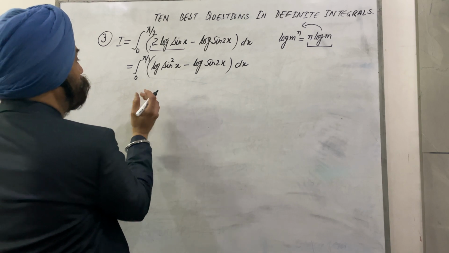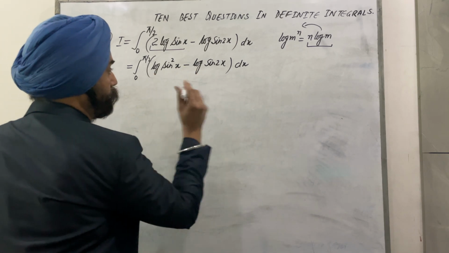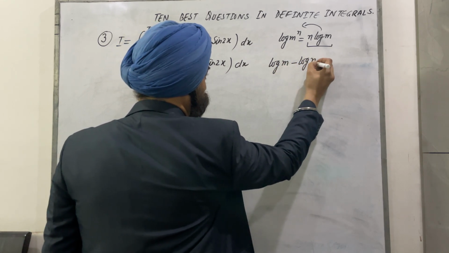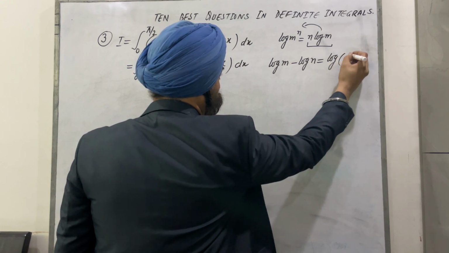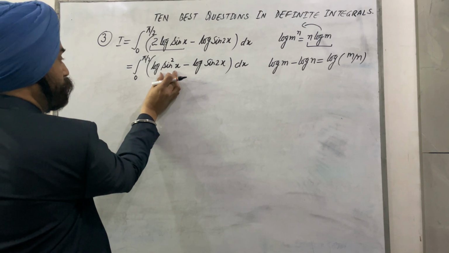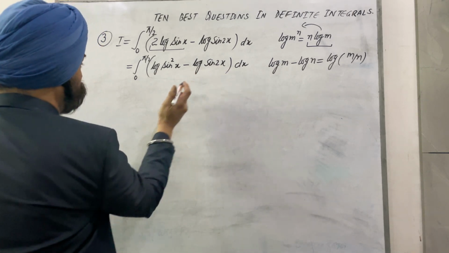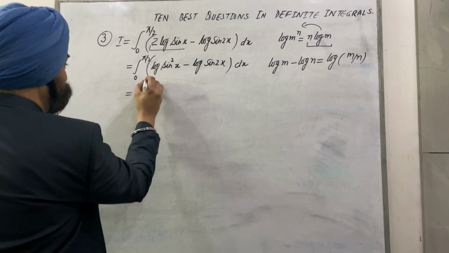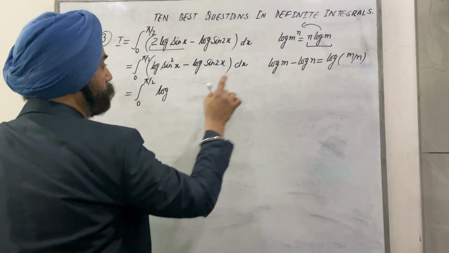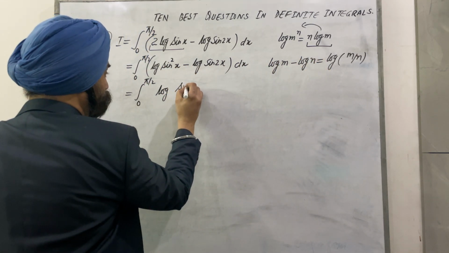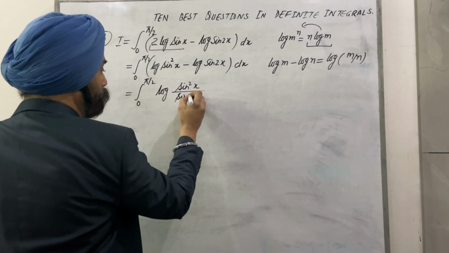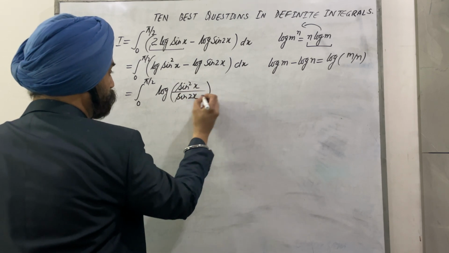Now, the next formula for log is log of m minus log of n, which is log of m by n. So using this formula, in place of m we have sin square x, in place of n we have sin 2x. When we apply this formula, log is appearing once, so we have log here, then sin square x occupies the numerator, and sin 2x occupies the denominator.